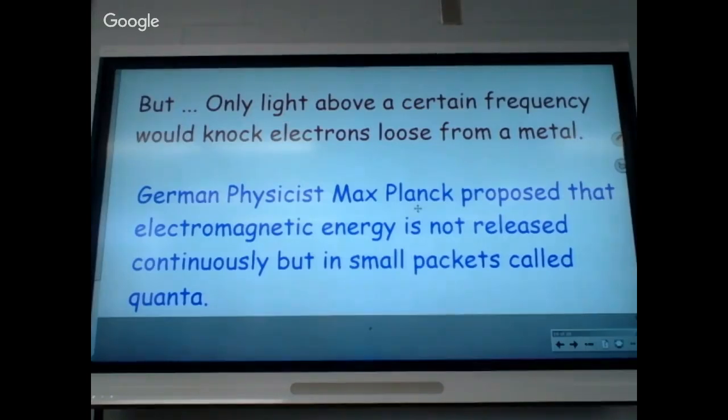Quantum theory, that's where the name comes from. So instead of believing that light is a steady stream of particles, he believed it comes almost like a burst of small packets. I'm going to draw this picture a little differently this time.